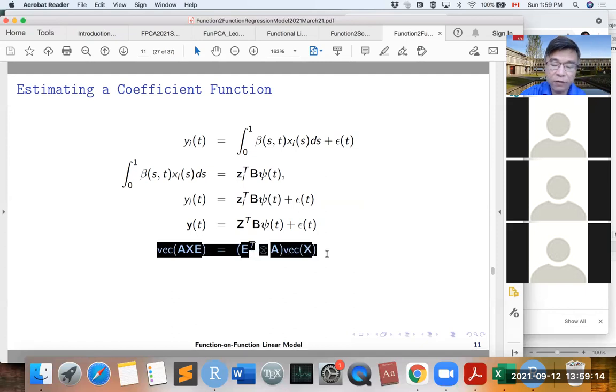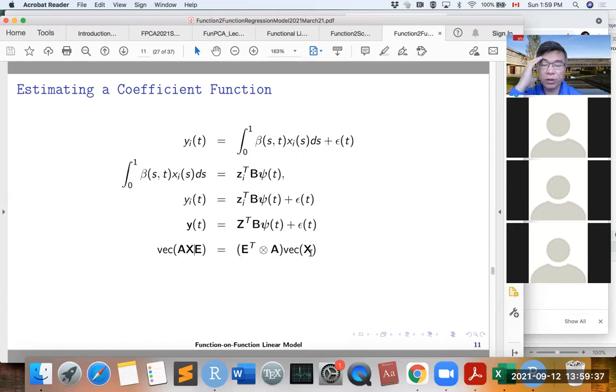This is a formula for when we do the vectorization of matrix A times X times E, we can write it in this form. By doing this, the middle X matrix will go to the right side. This is a very important trick.